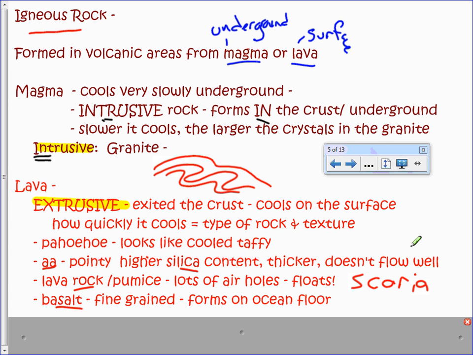So you've got igneous rocks, how they're formed, where they're formed, some examples of them. What are igneous rocks used for? They talked about this in the textbook. Building materials. Specifically, which one of these fabulous ones is used for that?